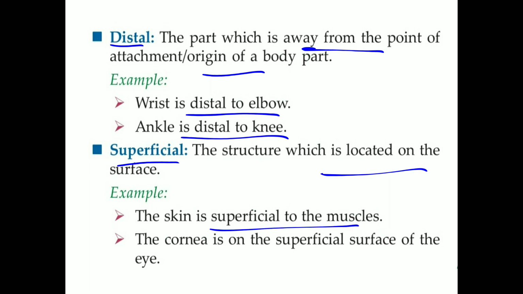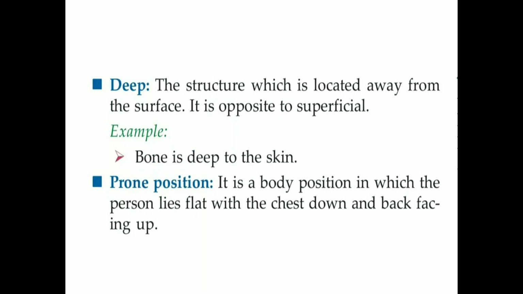Skin is superficial to the muscles. Cornea is on the superficial surface of the eye, are its examples. Then deep, the structure which is located away from the surface, opposite to that of superficial. So bone is deep to the skin. Bone is present deep to skin, below the skin.